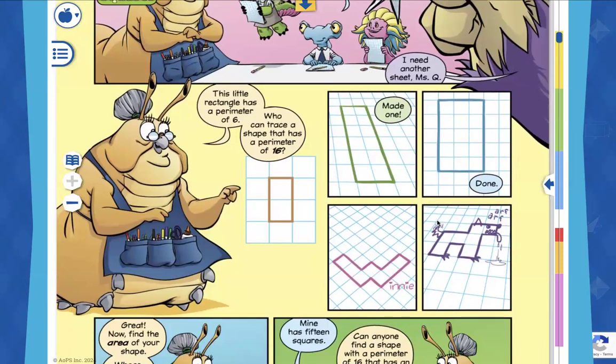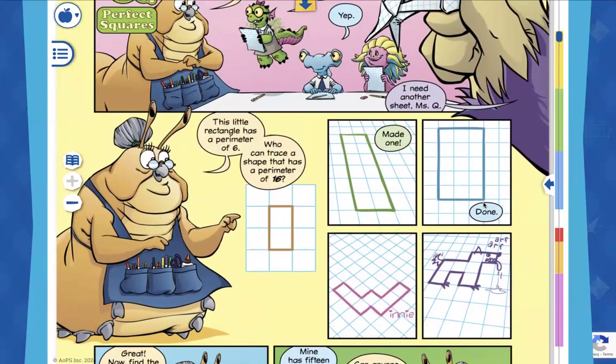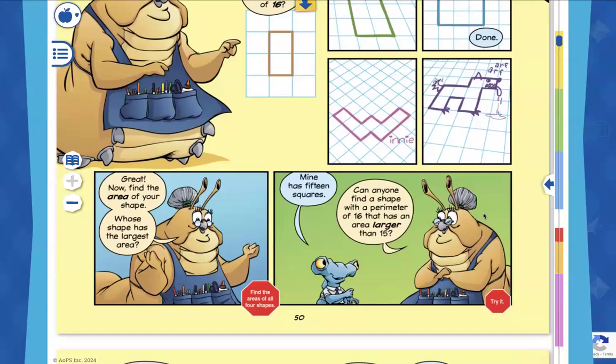This little rectangle has a perimeter of 6. Who can trace a shape that has a perimeter of 16? Made one. Go ahead, Nevan. Done. Great.